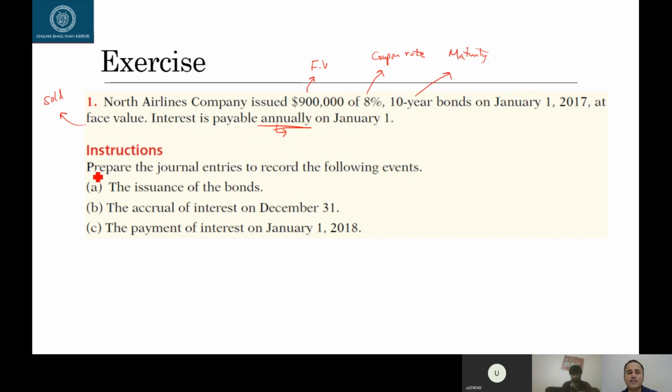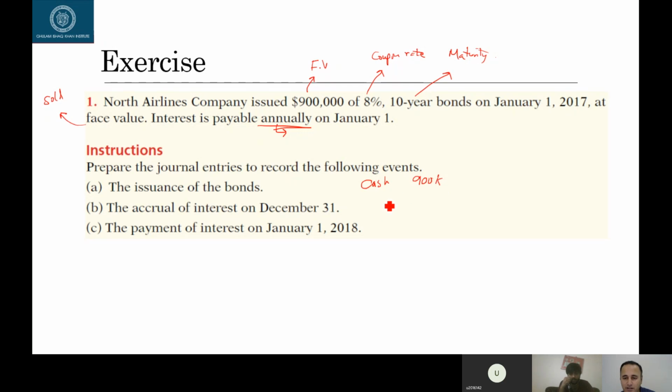It says prepare the journal entry to record the following events. The issuance of the bond. So how do you do that? First, cash will be debited. Cash will be debited for 900,000.